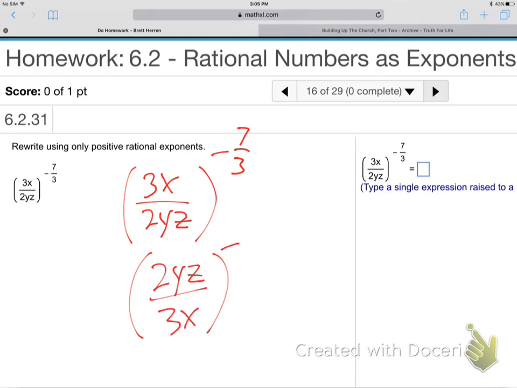And then after the flip, the power changes to positive. So that's it. Just flip the thing, make the power positive. So negative powers make things jump, and then they become positive, whatever they're on. And it was on everything this time. So everything jumped. Everybody was unhappy at their job. They all traded jobs, now they're happy. That's what basically happened. Is that good?